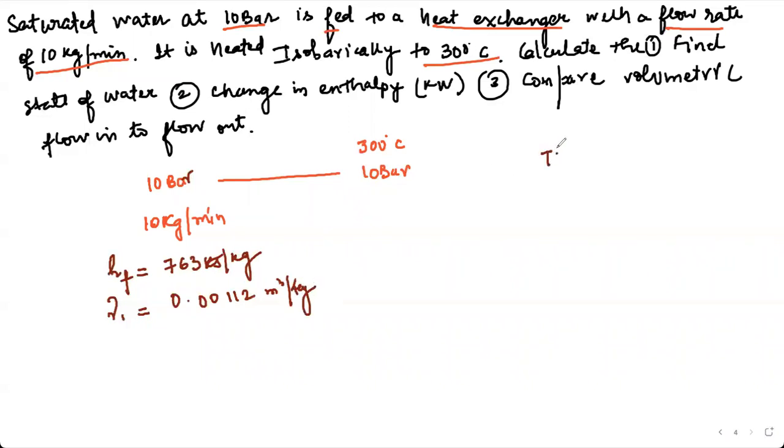Tsat at 10 bars is given as 179.97, and your final temperature is 300 degrees Celsius.